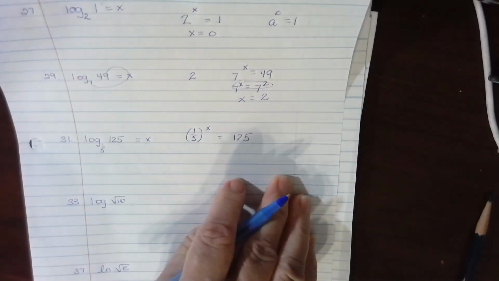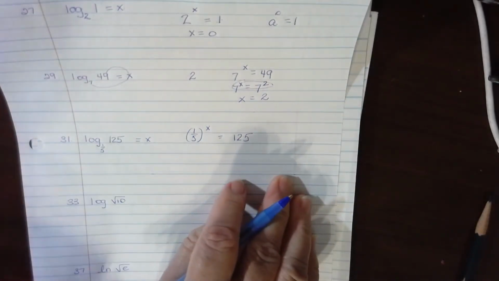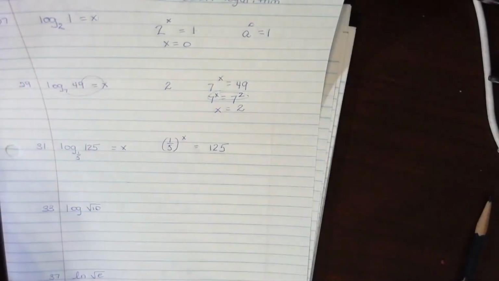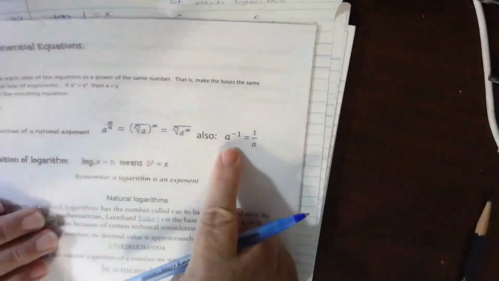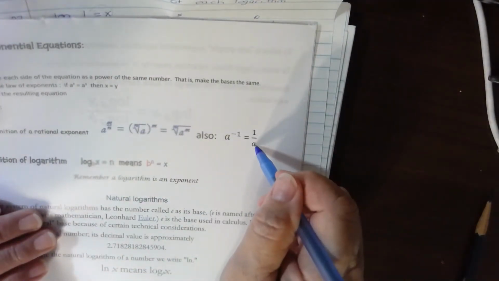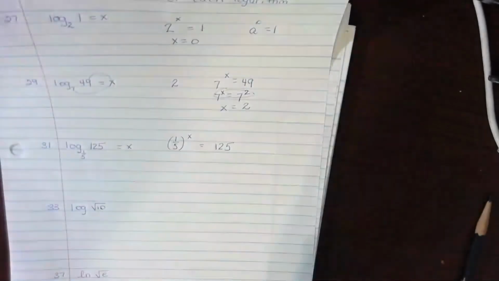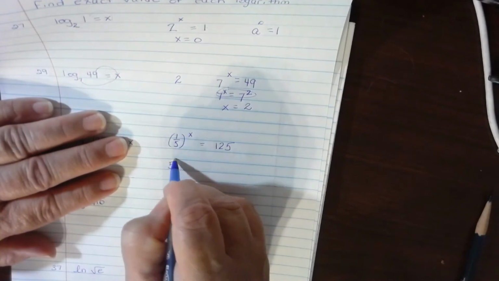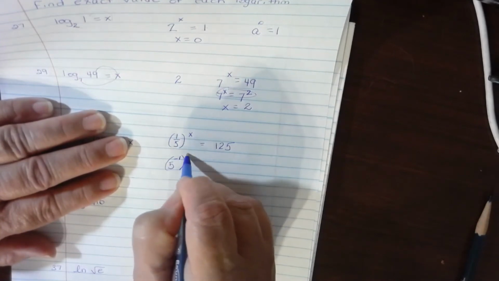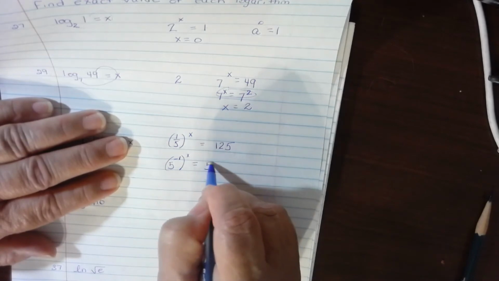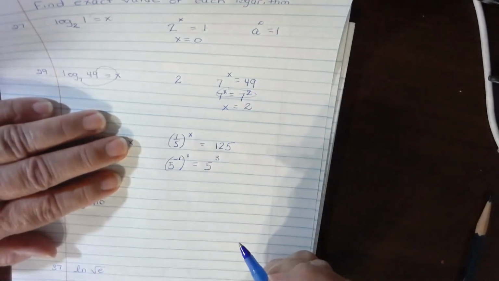Well, I don't have a common base, but I have to have one in order to solve it. And so remembering this little rule right here, that 1/5 is 5 to the negative 1, I can change 1/5 to 5 to the negative 1, and I can change 125 to 5 to the third.